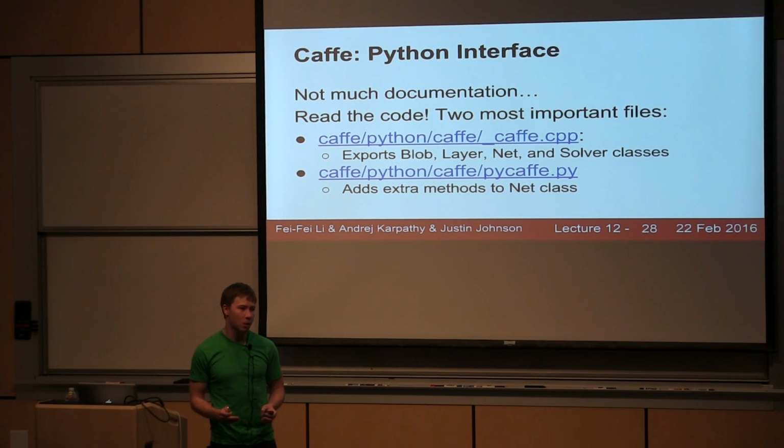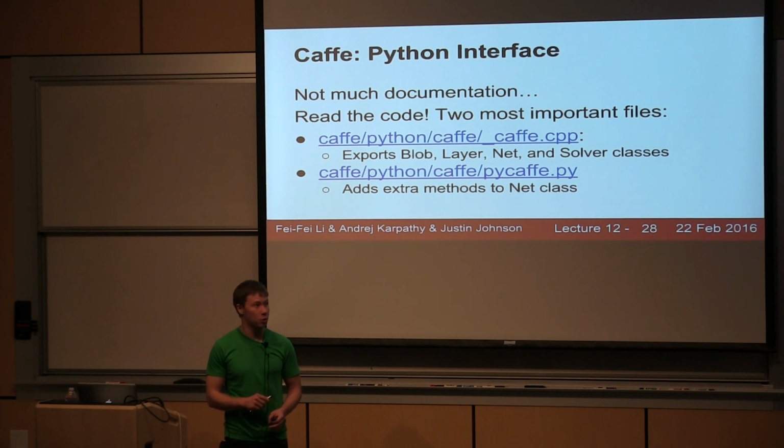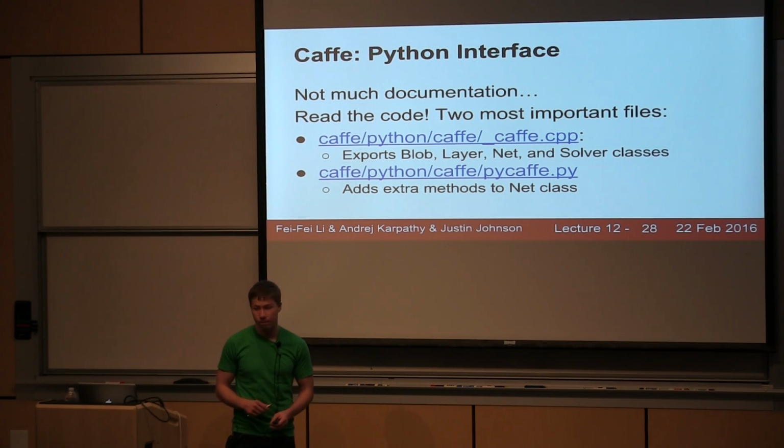This CPP file uses Boost Python, if you've ever used that before, to wrap up some of the C++ classes and expose them to Python. And then in this .py file, it actually attaches additional methods and gives you a more Pythonic interface. So if you want to know what kinds of methods and data types are available in the Caffe Python interface, your best bet is to just read through these two files. And they're not too long, so it's pretty easy to do.